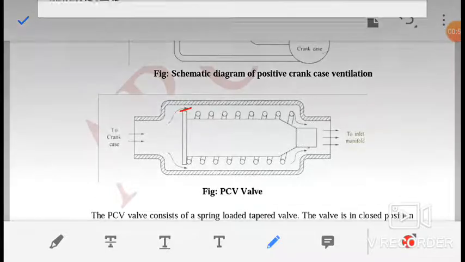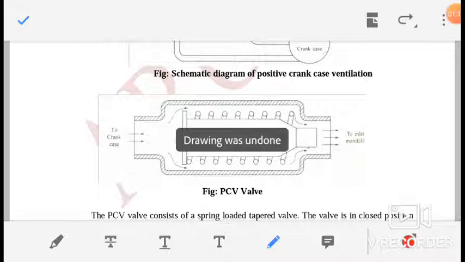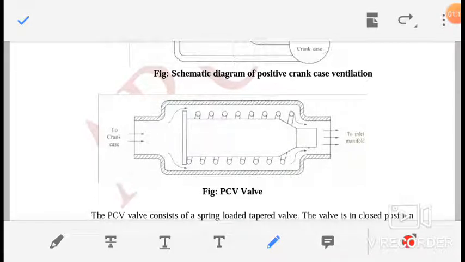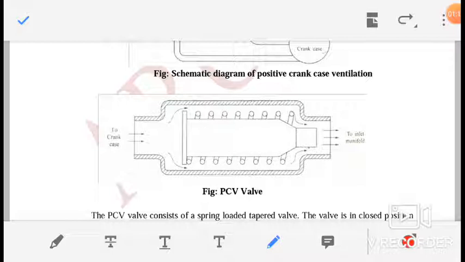Here you may observe the opening. This will be closed during the crankcase pressure and manifold vacuum, whereas the spring pressure keeps the valve open, thereby regulating the flow of blow-by gases.